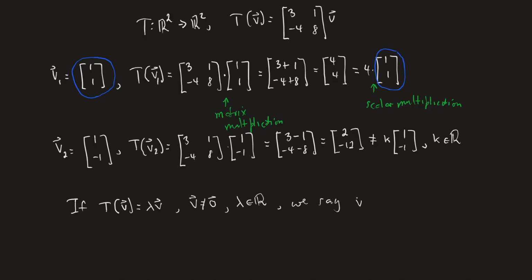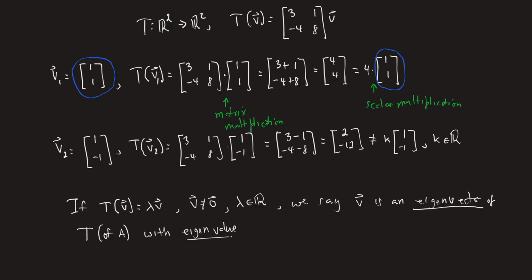So we say v is an eigenvector of T, and we could also say of A, because we know the matrix is the heart of all of this. So I'll just say it's an eigenvector of T, and I'll put in parentheses A here, with eigenvalue lambda.